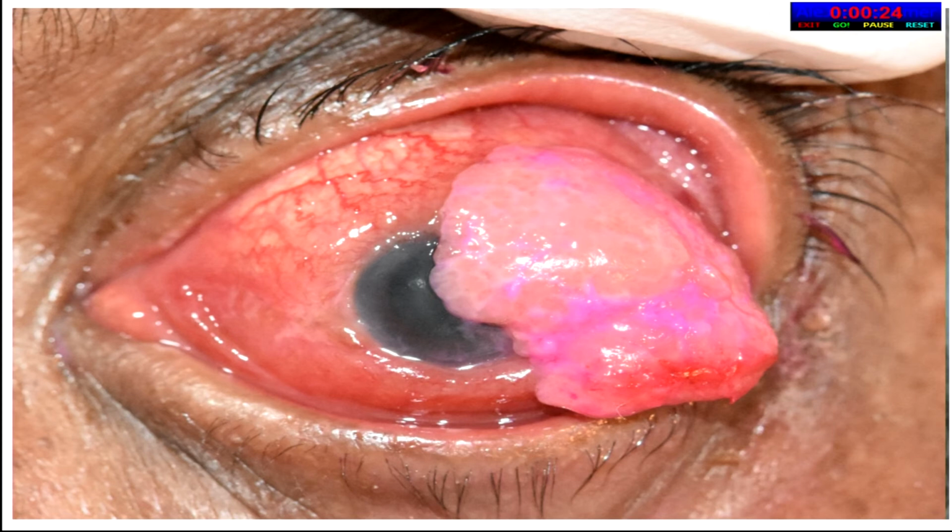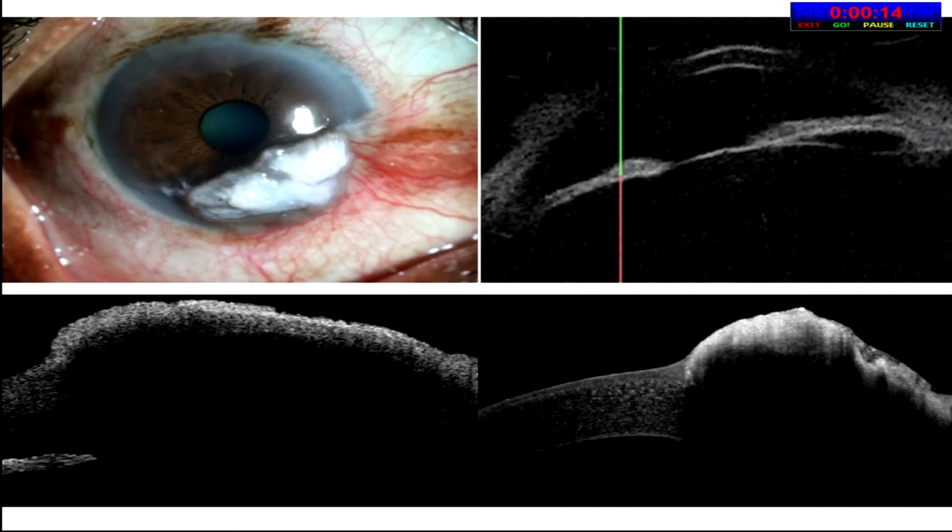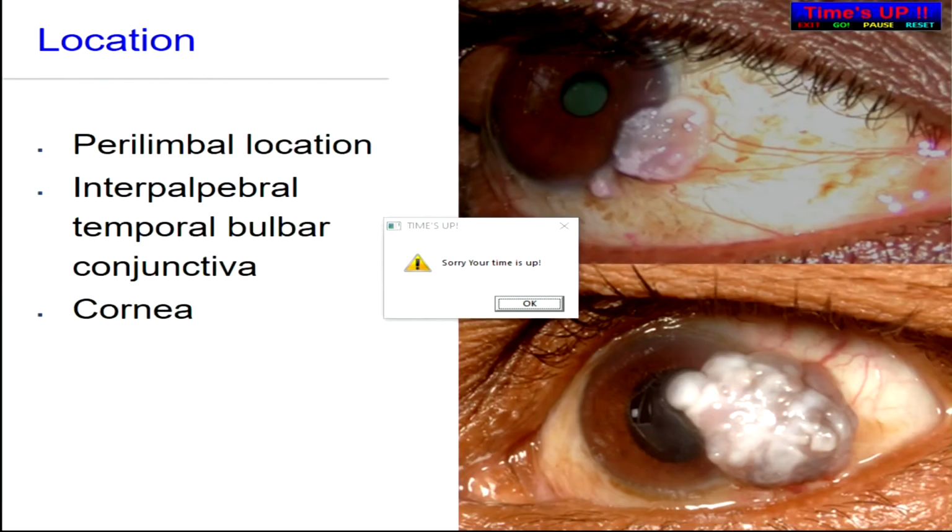You have to see whether there is any scleral invasion or intraocular extension in these cases with an ultrasound biomicroscopy or an AS-OCT. Although we use AS-OCT for OSSN, there are situations where there is a lot of keratin on the surface; there is a lot of backscattering, and you may not be able to know the exact vertical extent of these lesions.